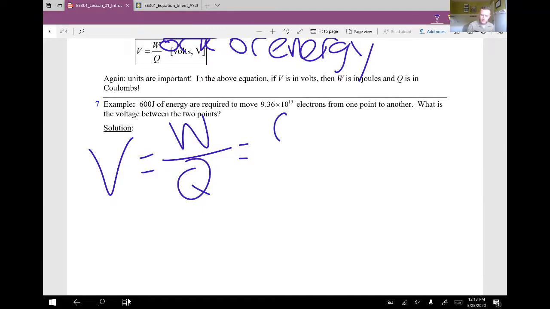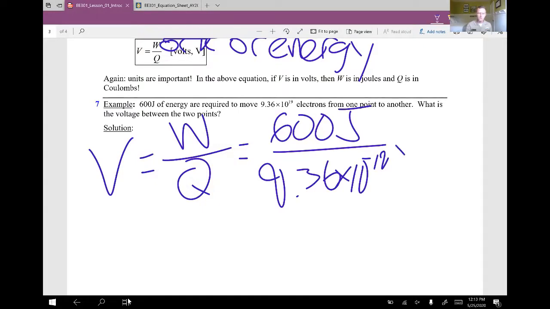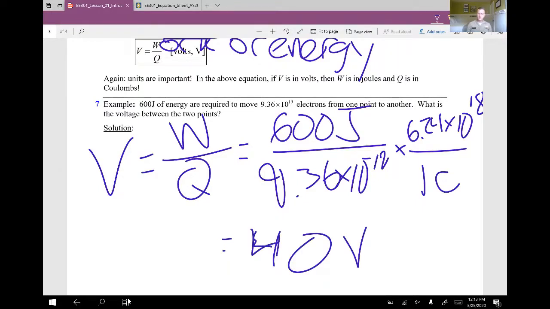So we have 600 joules is what is required to move 9.36 times 10 to the 19th. We can do our conversion that we say 1 coulomb is 6.24 times 10 to the 18th. Multiply that out in a calculator and we get 40 volts. So that is the electrical potential difference that is needed to move that amount of electrons.